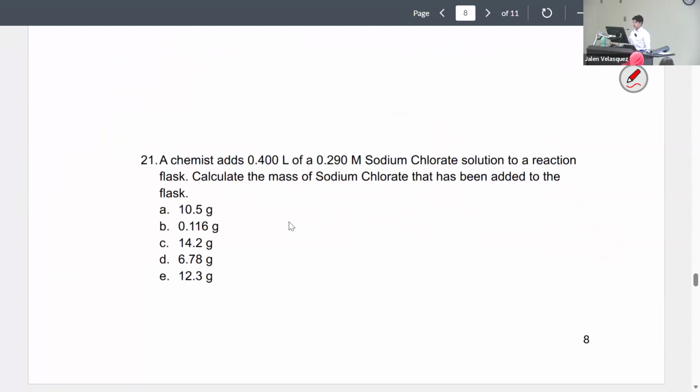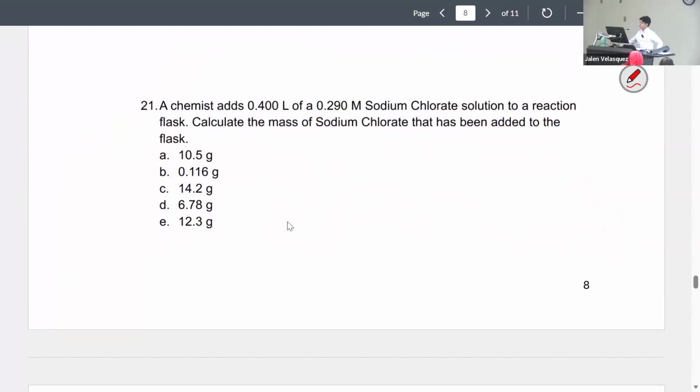Number 21: a chemist adds 0.4 liters of a 0.29 molar sodium chlorate solution to a reaction flask. Calculate the mass of sodium chlorate that has been added to the flask. So how do we do this?